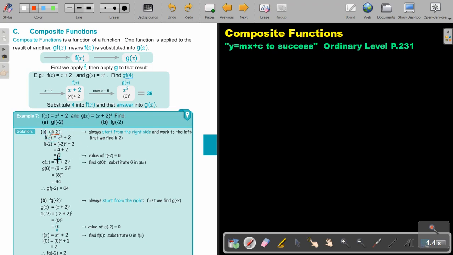So I work out f(-2), I get 6. I put that 6 into g(x), and then I get the answer. The same here. Now I will first start with g and I put in negative 2 and I get 0. And that result, I put into f. And that's actually how I do it. Not so difficult.